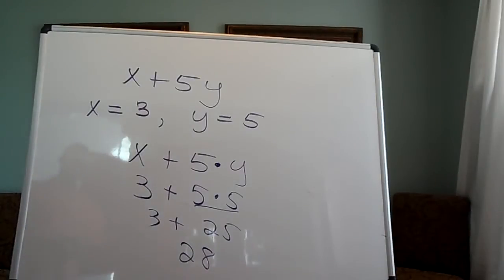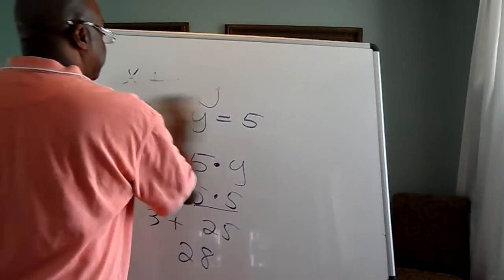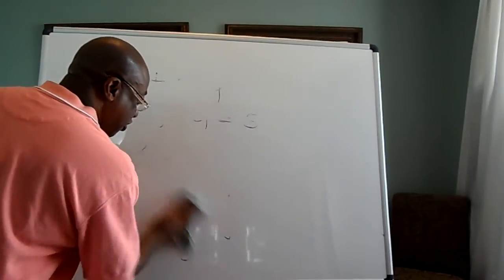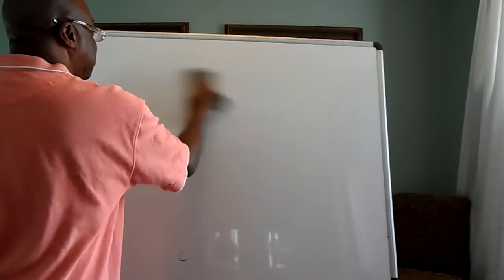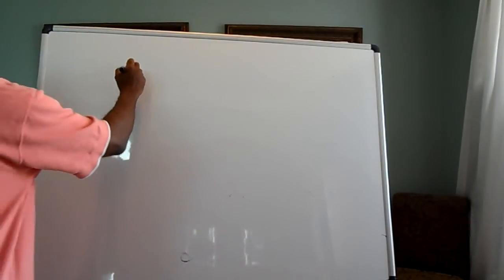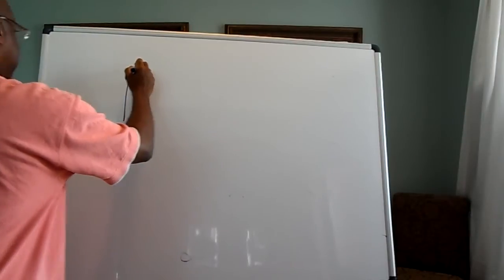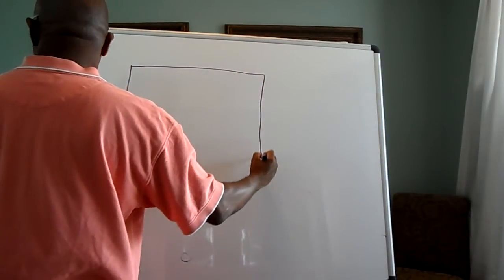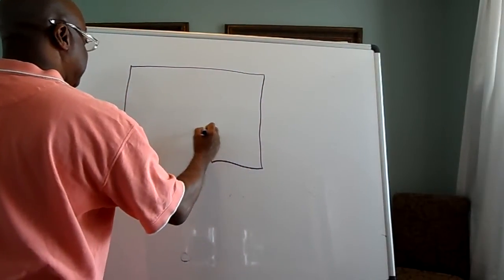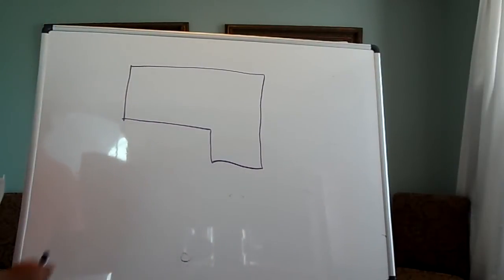Okay, number 4 is a problem where we are asked to find a perimeter. So I'll draw this sketch quickly and then we'll look at what perimeter means. Remember that perimeter means to add up all the sides. That word perimeter means to sum all the sides. Here's a rough sketch of that.